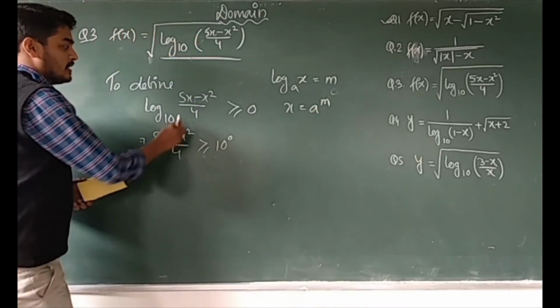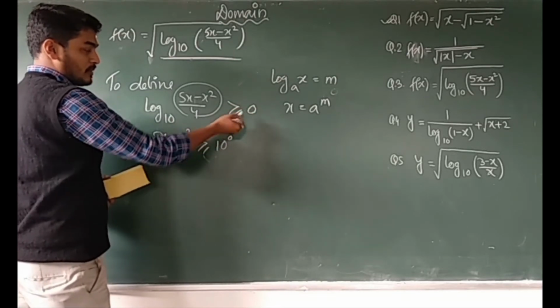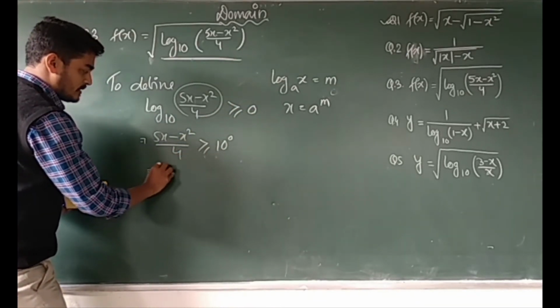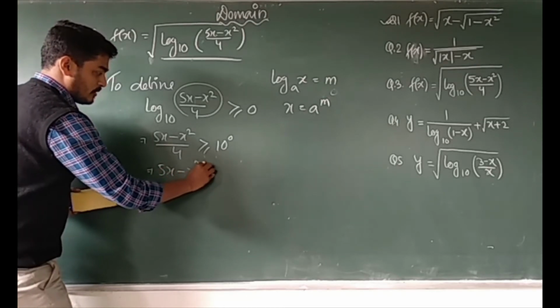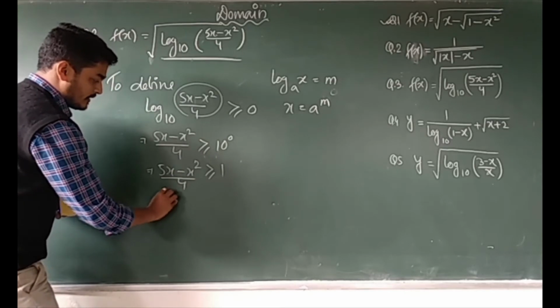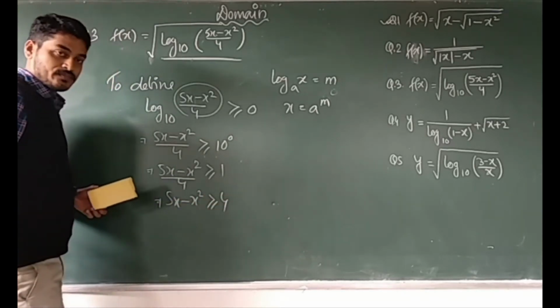So here it is 10 to the power 0. What is the value of 10 to the power 0? 1. So we can say that 5x minus x squared by 4 is greater than or equal to 1. So 5x minus x squared is greater than or equal to 4.